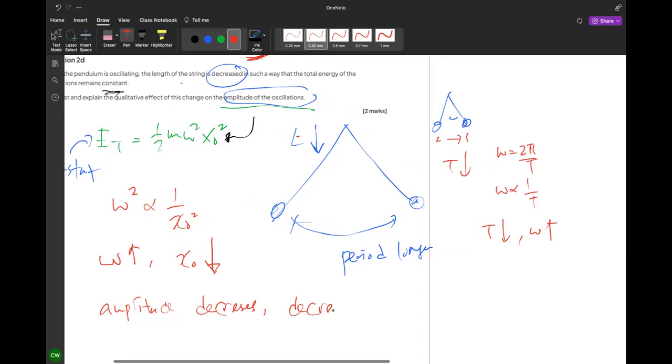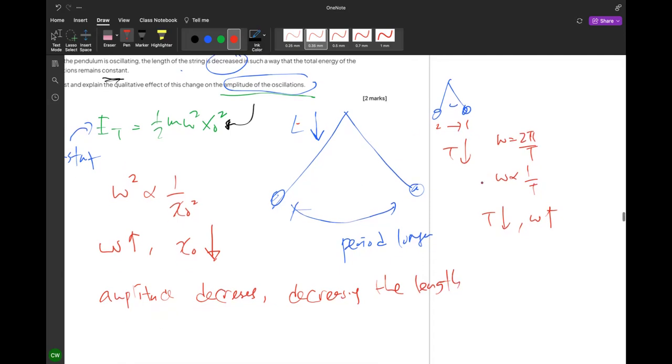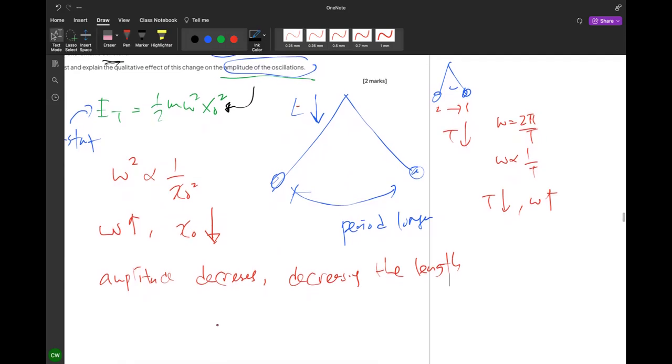Decreasing the length makes omega increase. Period decreases, omega increases.